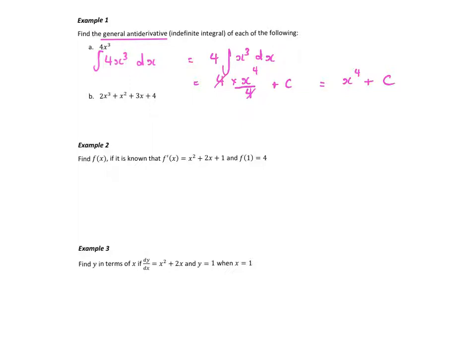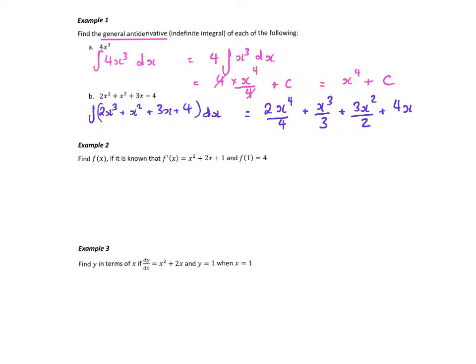With the next one here, we can do it bit by bit. So again, what are we looking for here? We're integrating 2x cubed plus x squared plus 3x plus 4, and that is all with respect to x, so dx. You can take out your constant if you want, but we're going to do it all bit by bit. So 2x to the power of 4 divided by 4 plus x to the power of 3 divided by 3 plus 3x squared divided by 2 plus 4x.